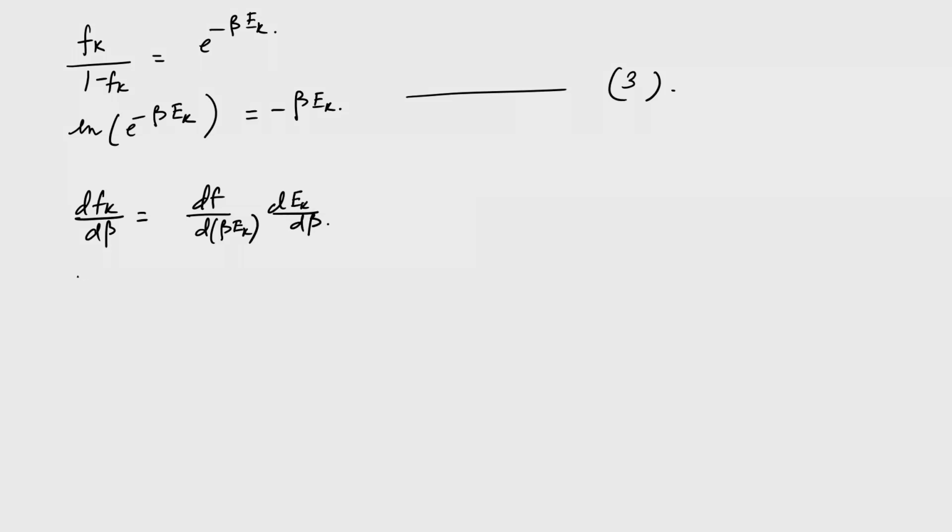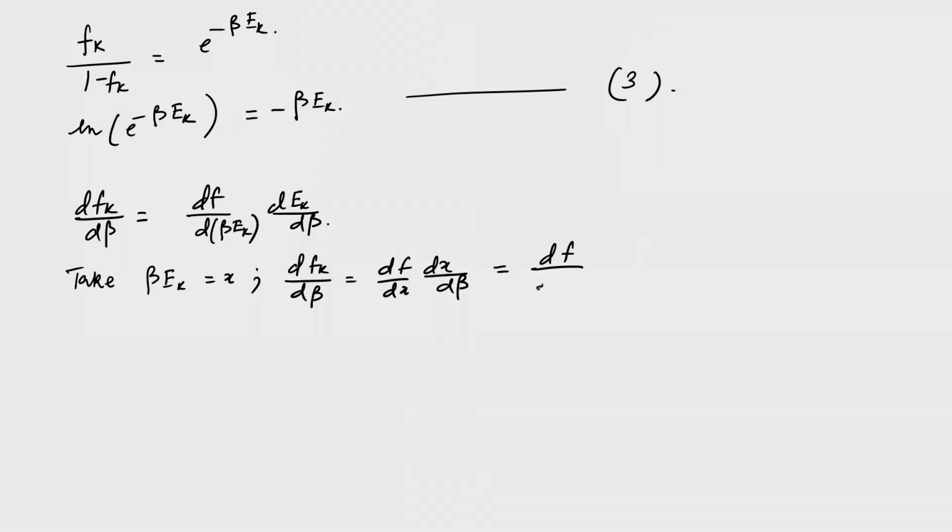If you take βE_k equal to x, then df_k/dβ, or ∂f_k/∂β, does not matter, is equal to df/dx and dx/dβ, which is equal to df/d(βE_k) and d(βE_k)/dβ. We are trying to do a derivation backward.